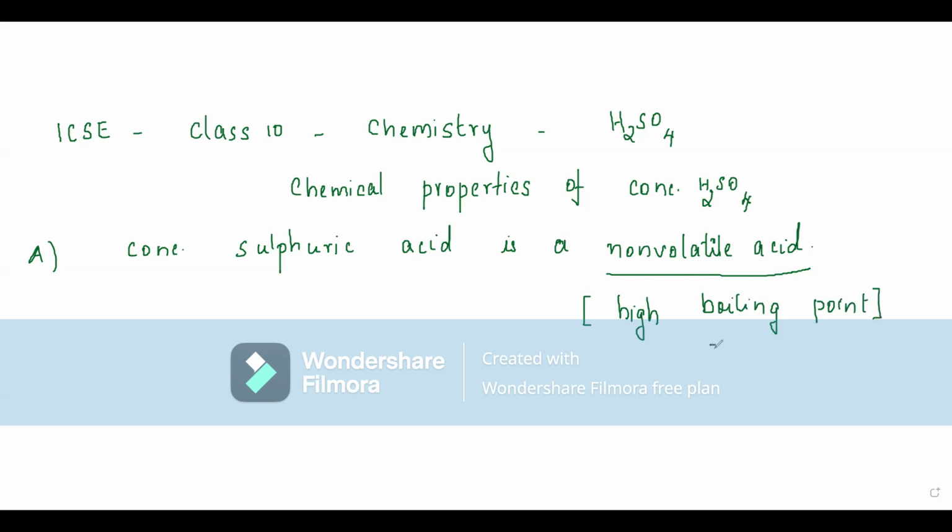It boils at around 338 degrees Celsius. So till this particular temperature, sulphuric acid will not boil or form its vapors. This is useful in the lab method of preparation of HCl and HNO3.